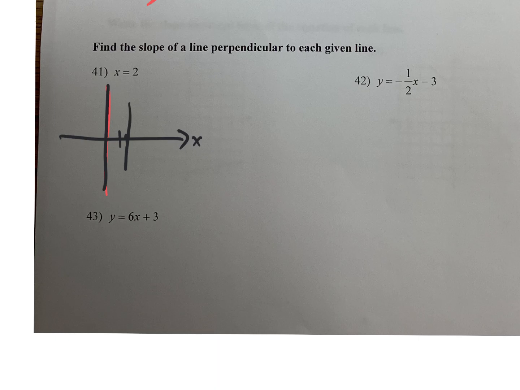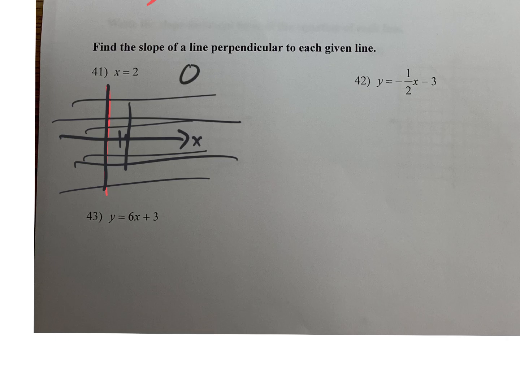Well, what's the slope of that line? I just got done saying it. What is the slope of a vertical line? Undefined. So the perpendicular line is going to have a slope of, what's the slope of a parallel line? 0. Parallel line would be horizontal to that line. Horizontal lines are 0.